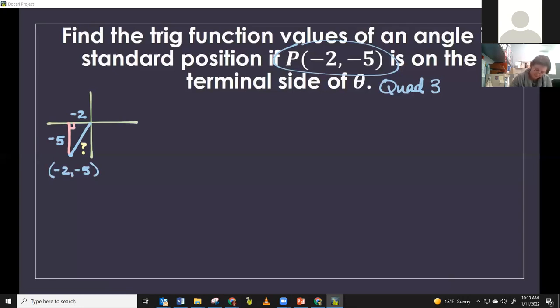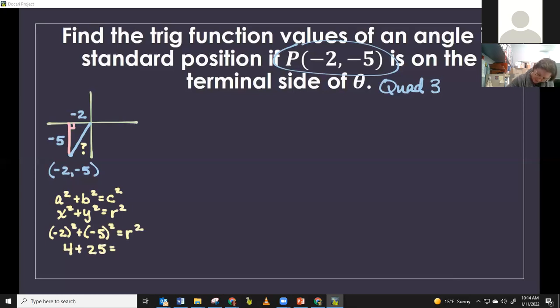Pythagorean theorem, yes. A squared plus b squared equals c squared, or in this case, it's going to be x squared plus y squared equals r squared. So I'm going to have -2 squared plus -5 squared equals r squared. 4 plus 25 equals r squared. 29 is equal to r squared.